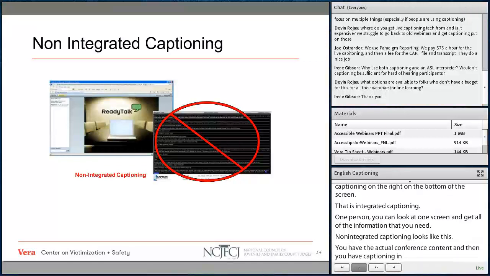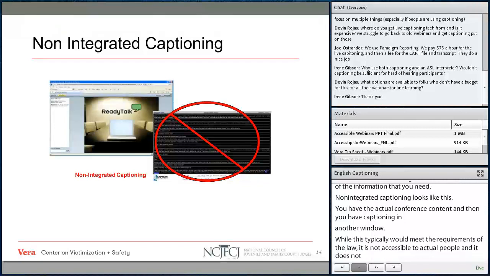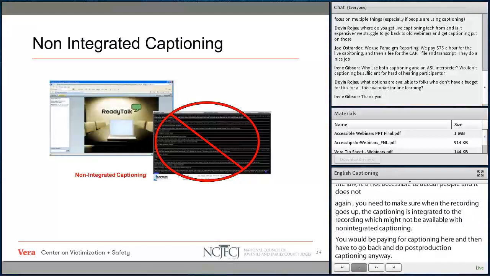You need to make sure that when the recording goes up, the captioning is integrated into the recording, which might not be the case with the non-integrated captioning here, which means you would be paying for captioning here and then have to go back and do post-production captioning anyway. So budget-wise, it makes more sense to only have to caption once and have it recorded with the recording content.